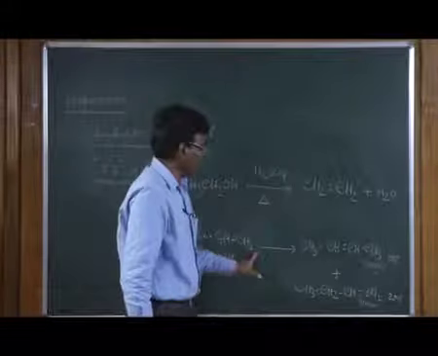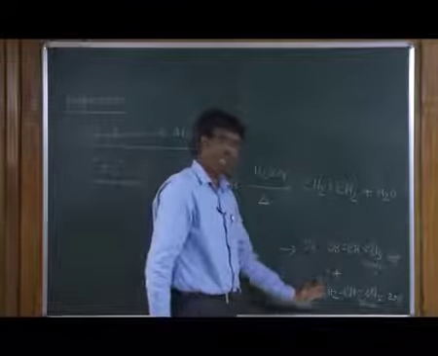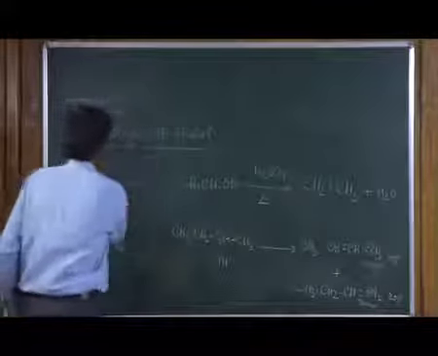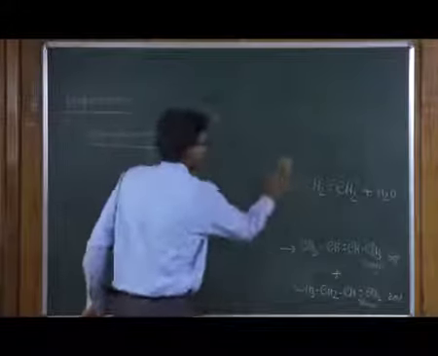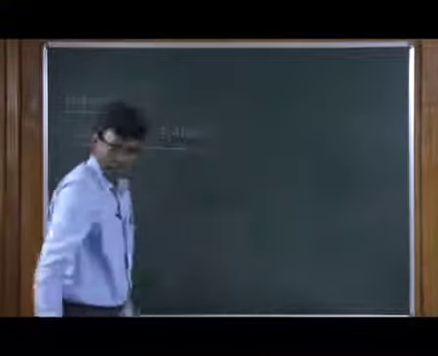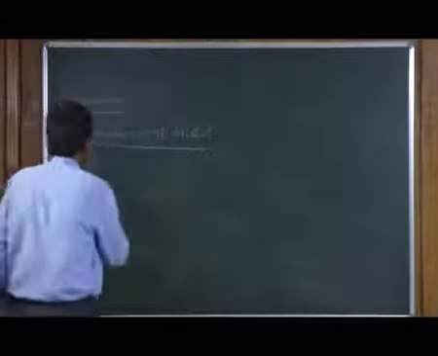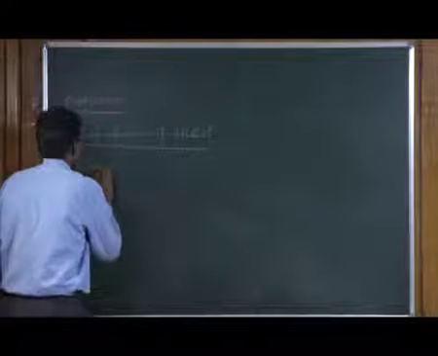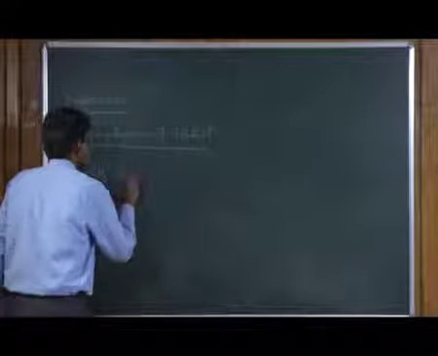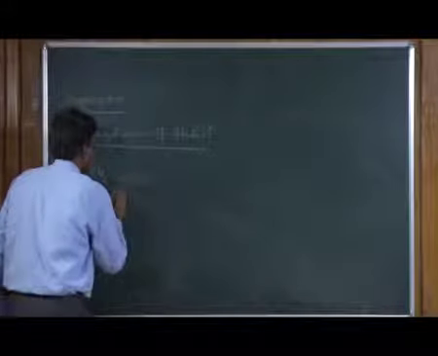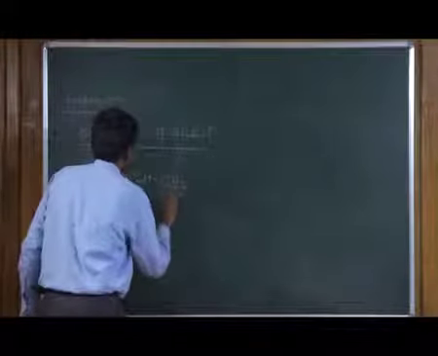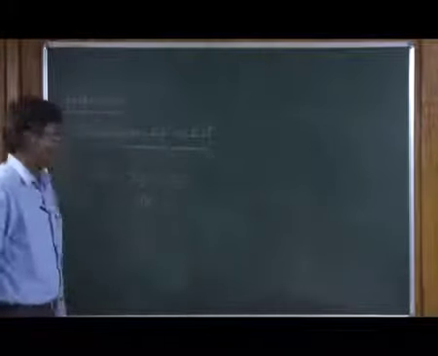Now, let me show you the reaction pathway, how the formation of these two alkenes takes place. This is the alcohol.